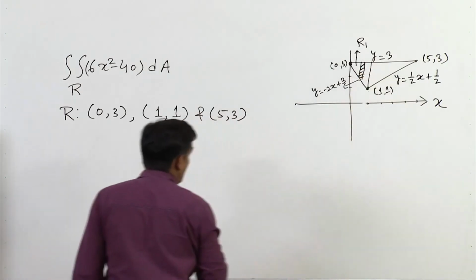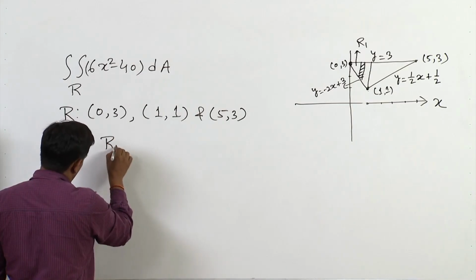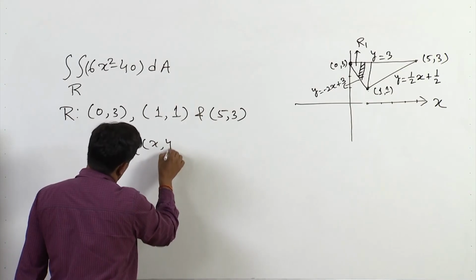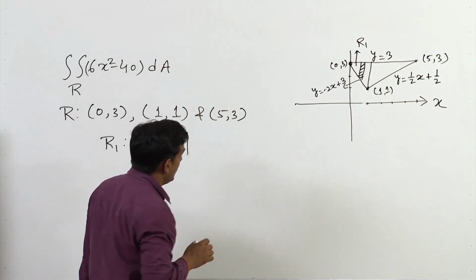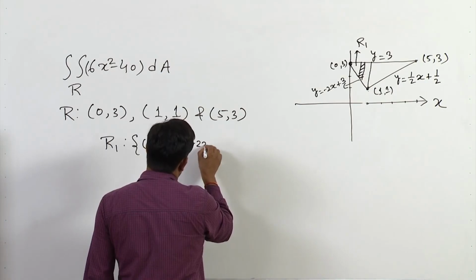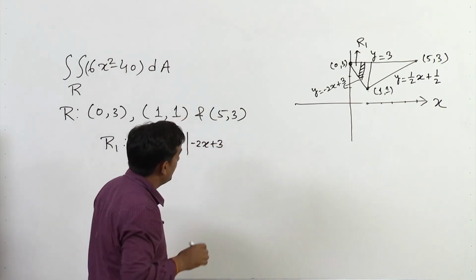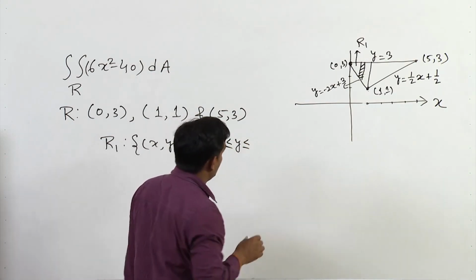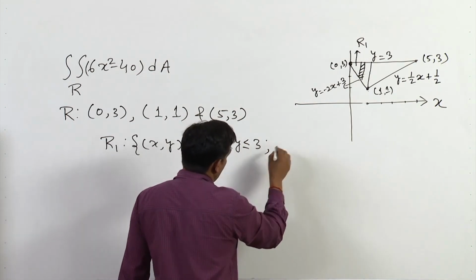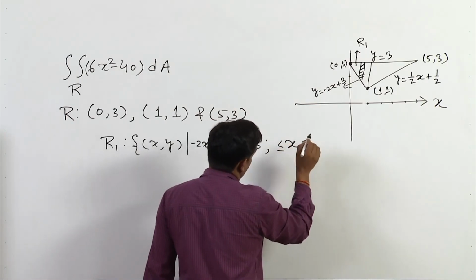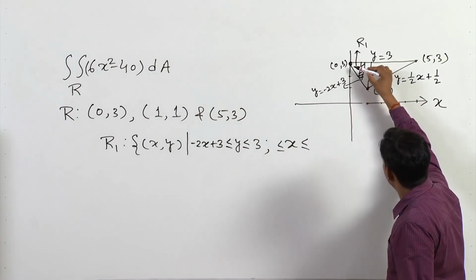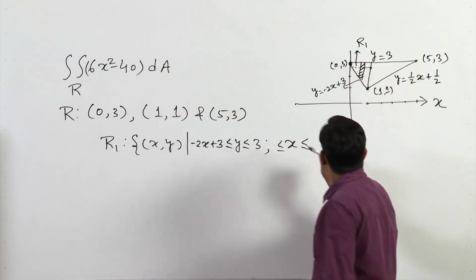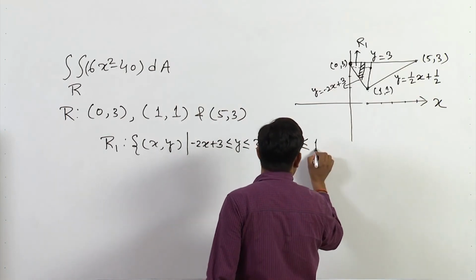So the region is the set of (x, y) such that the lower limit of y is minus 2x plus 3 and the upper limit is 3, while x starts from 0 and goes up to 1.